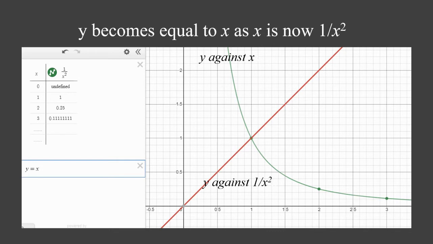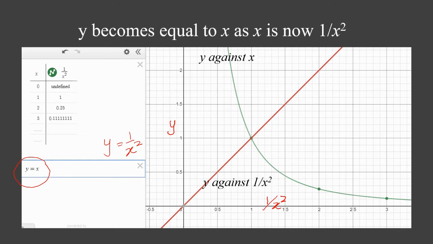Now the red line is what I will get only if I draw the graph with y on the y-axis, and on the x-axis 1 by x squared and not x.